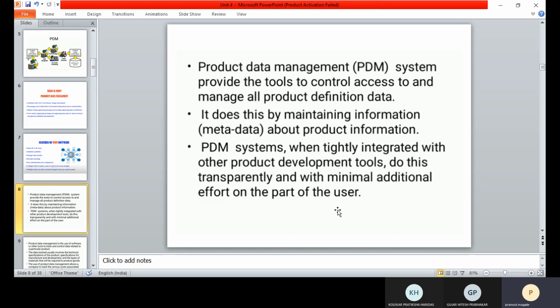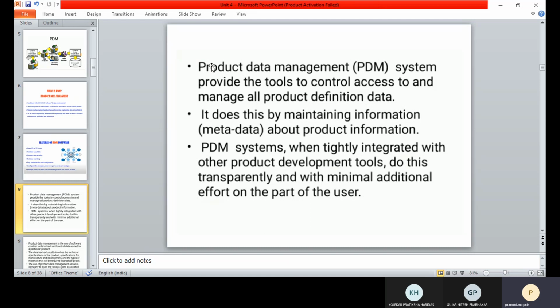If I go to inventory, they have to tell us that an M8 bolt is available with us. If they say that right now it is not available, we have to manufacture or purchase it, we require some time, just hold on. It is not like that. It will again hamper the system. So the PDM is important.